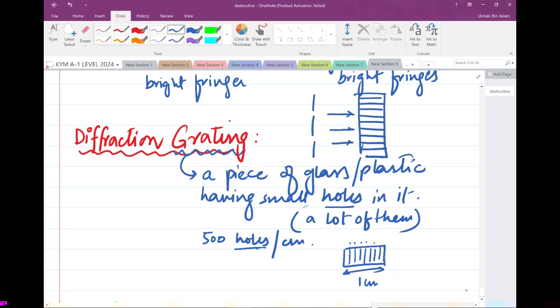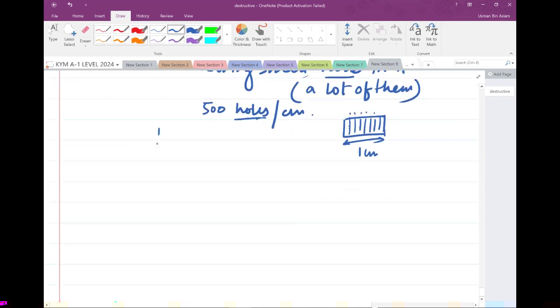This is how we represent a diffraction grating. You can see I'm leaving a lot of empty spaces here. These empty spaces indicate a lot of slits, the little holes that we talked about earlier. So light will be coming from these slits.